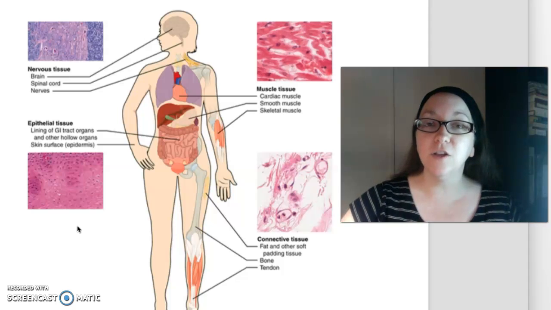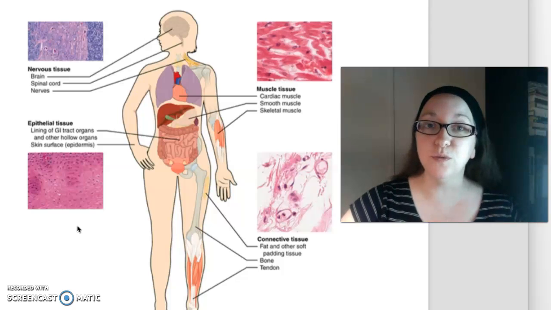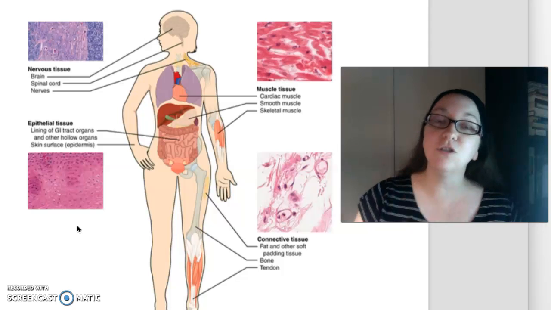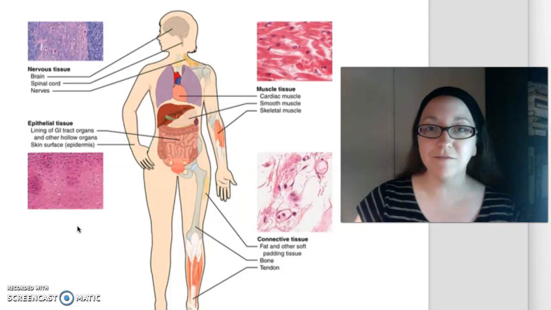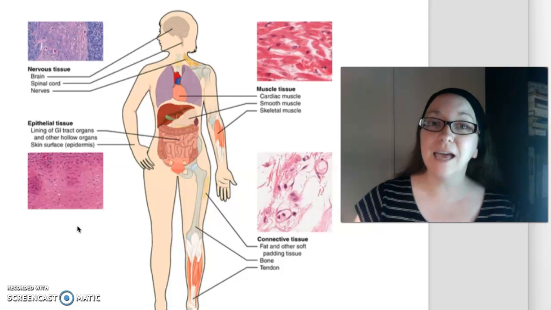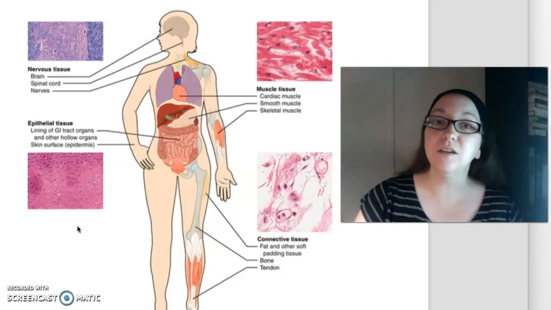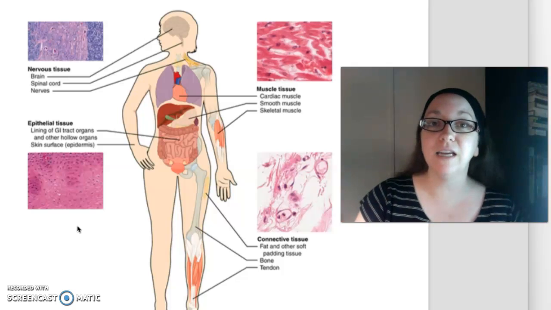Thinking in other places, we have linings for all the tubes that come into and out of our body. So think about the respiratory tract, the digestive tract. Epithelials line those tubes from the beginning all the way to the very end as a protection against things coming in. Whether it's from the inside of that tube or the outside on our skin, epithelials are protective of that internal environment of our body.